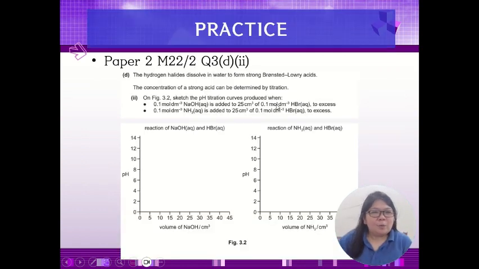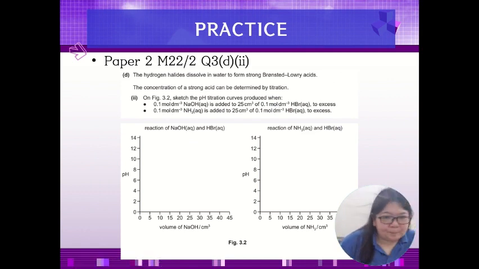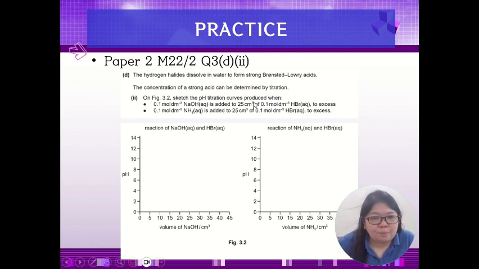So I have another question here. This time, you are given 2 graphs. So you are supposed to sketch 2 pH titration curves. Now, I want you to try by yourself, and you can pause the video to solve this question, sketch your curves. Later I'll show you the answer.